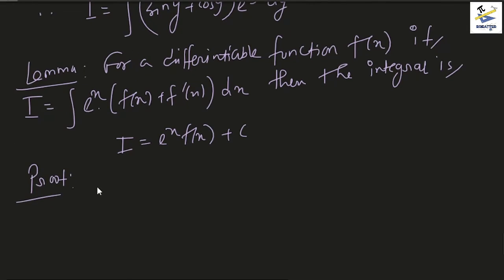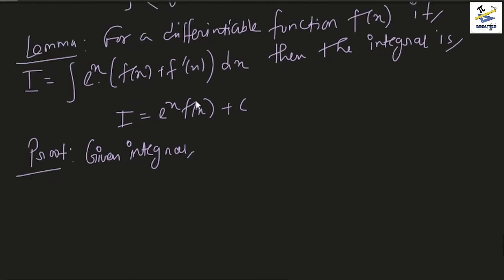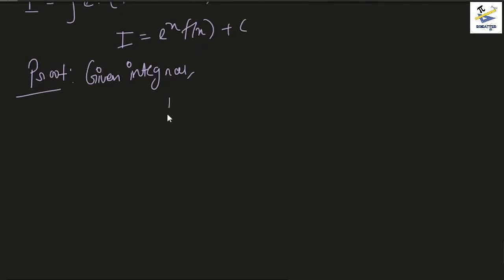We start with the given integral, and we shall see why this lemma is important in solving this particular problem. So given integral is I equals to e to the power x whole into f of x plus f dash x dx.